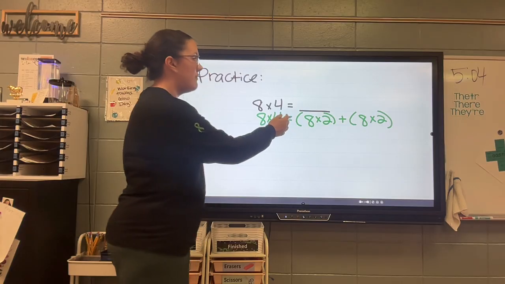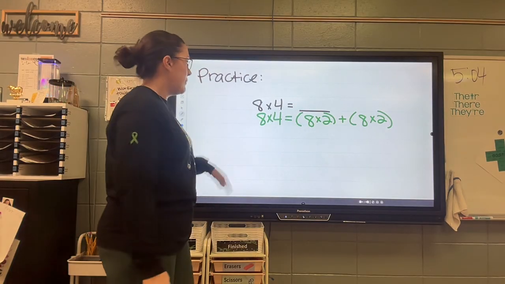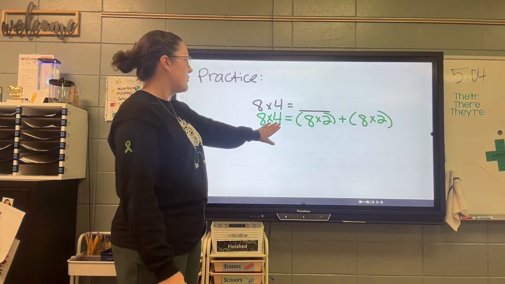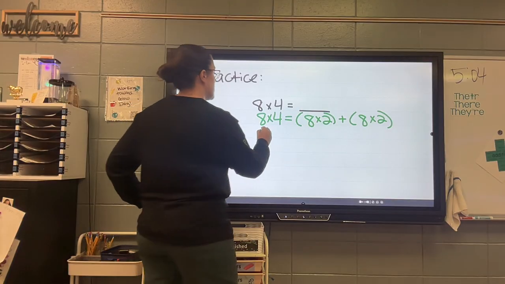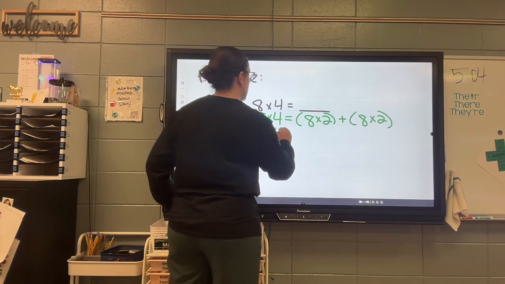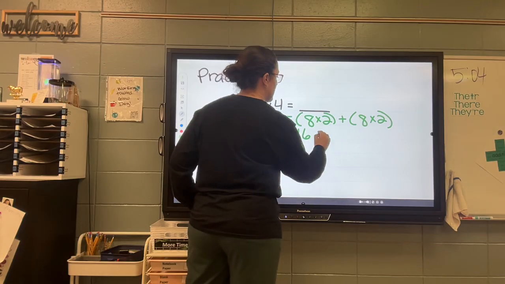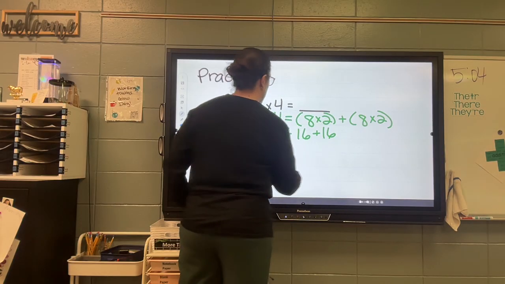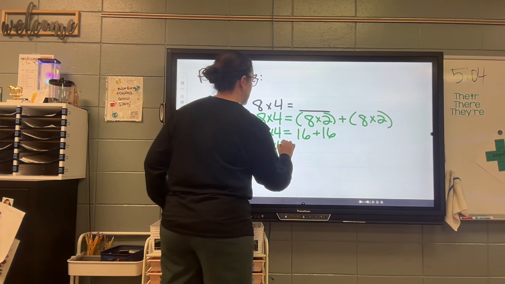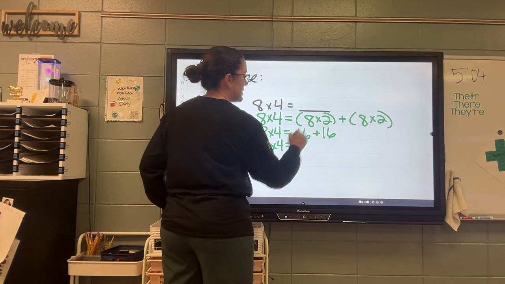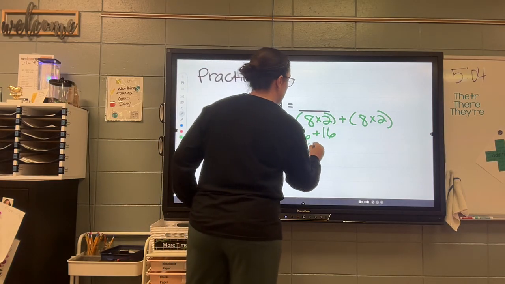Now I'm going to solve for 8 times 2. Remember, 8 is going to stay the same, and I broke 4 down into 2 and 2. So I'm going to say 8 times 4 equals 8 times 2 is 16, 8 times 2 is 16. Now all I have to do is add 16 and 16, which is 32.